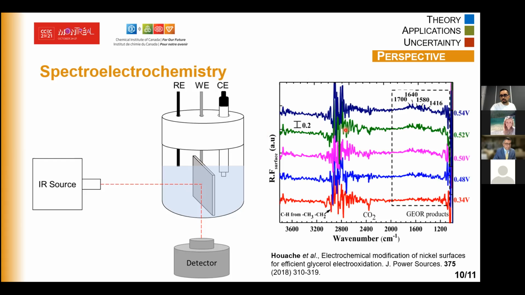Here, the example on the right takes glycerol oxidation. The oxidation of glycerol takes place as tested at different potentials. As we increase the potential from 0.34 to 0.54, we're able to see new peaks appear in the infrared spectra that are associated with new intermediate species, new reaction conditions that occur at these potentials.